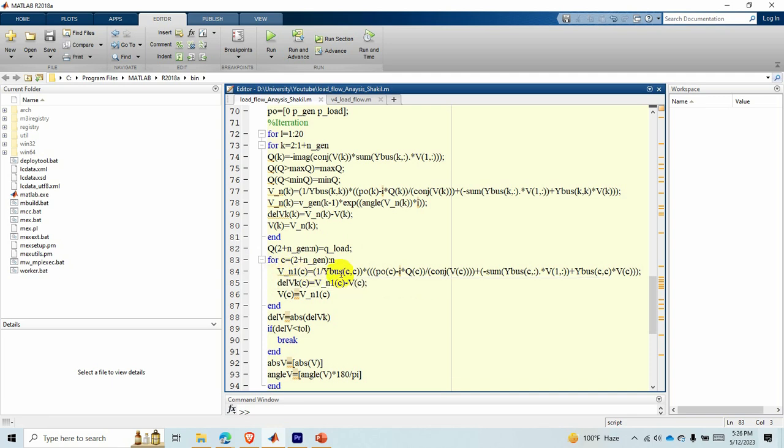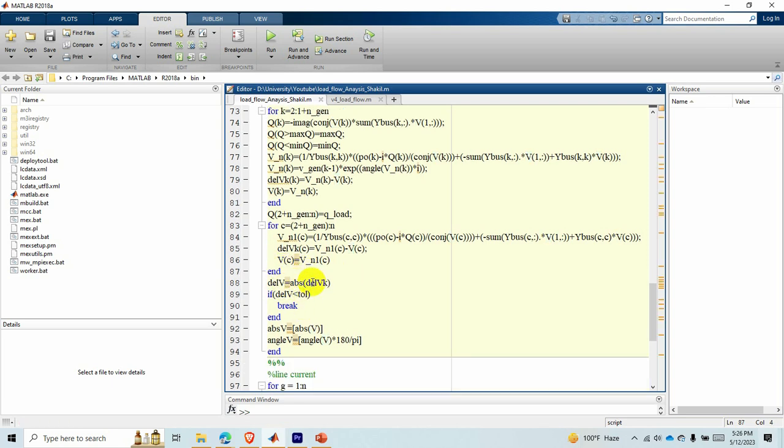I use the same equation to calculate the load bus voltage, and here I calculate the del V, which is the old value subtracted from the new load bus voltage. Again I replace the old load bus voltage with the new load bus voltage.